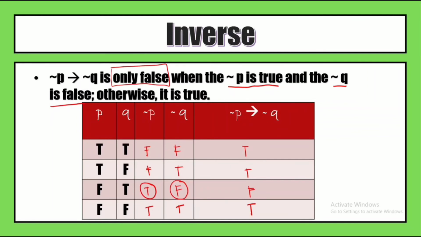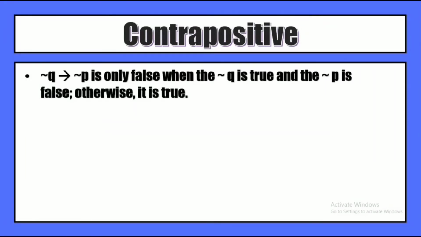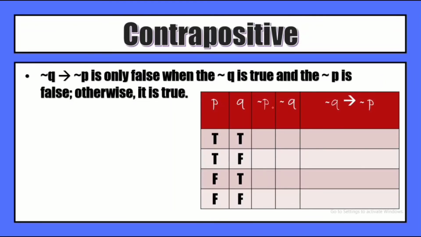Okay? The last one is about the contrapositive. Sabi sa contrapositive, if the negation of Q, then the negation of P is only false when the negation of Q is true and the negation of P is false. Otherwise, it is true. Okay, may nakita ulit tayong negation. Therefore, kukunin muna natin ulit yung negation ng mismong premise and ng mismong conclusion.